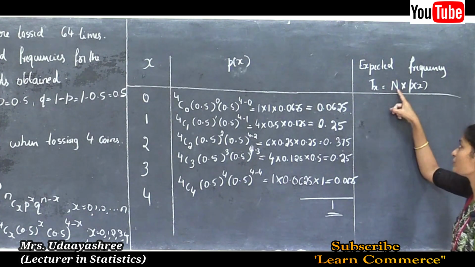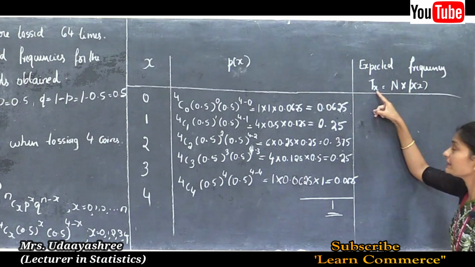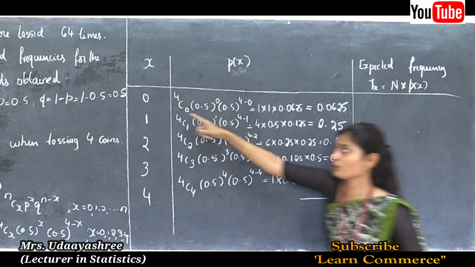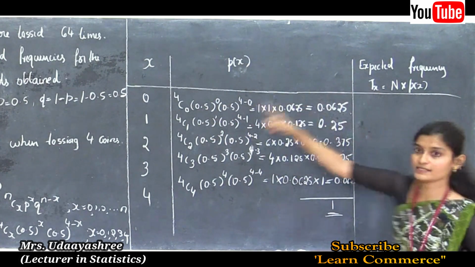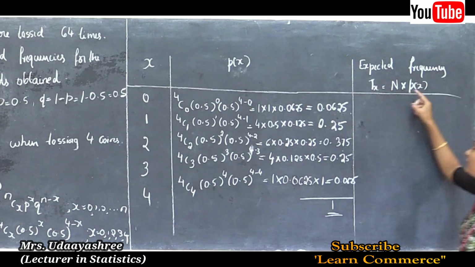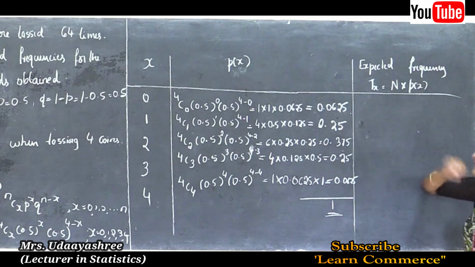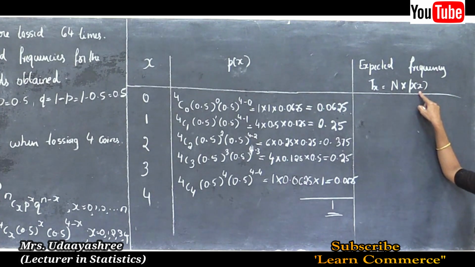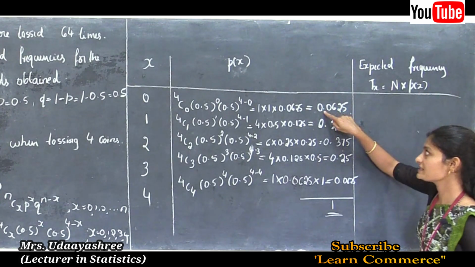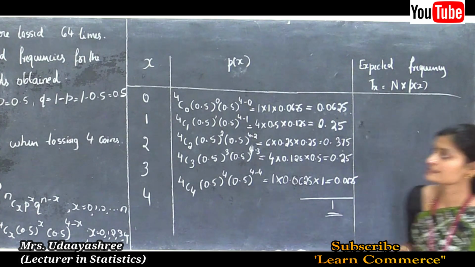T of x is equal to n into P of x. Suppose x is 0, then the formula is T of 0 is equal to n into P of 0. Here P of 0 is 0.0625 and n is 64.